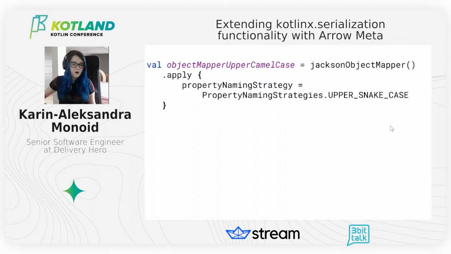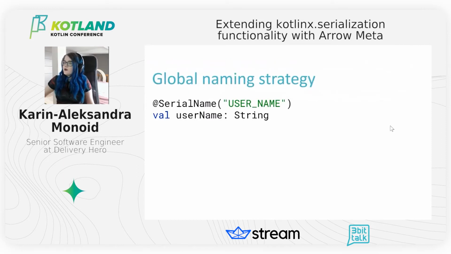In Jackson, one will do something like this. You introduce an object mapper, a global one or a local one, and you decide inside the property naming strategy. In this example, it's an upper snake case. In the Kotlin serialization library, you cannot do something like that.